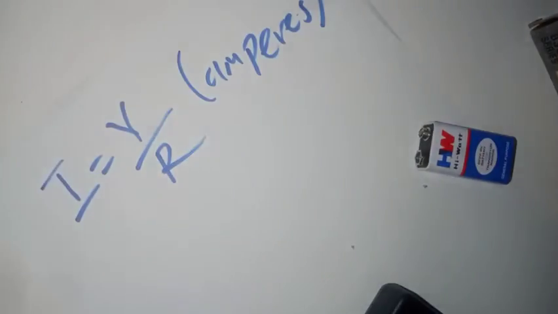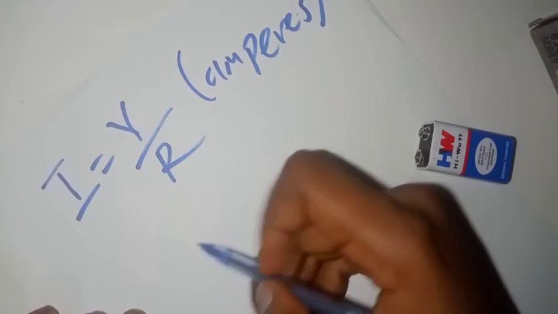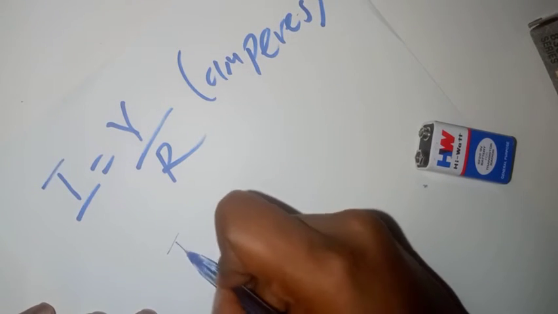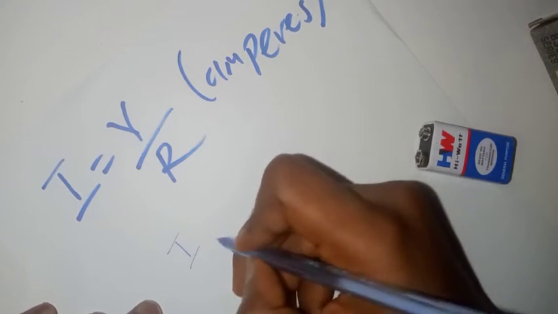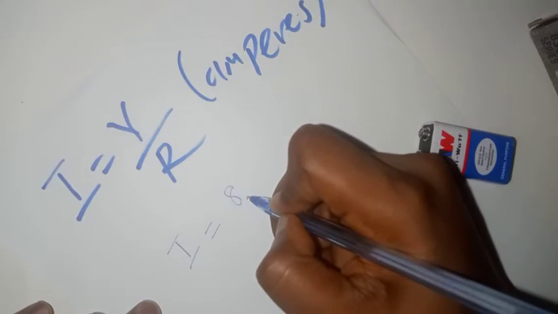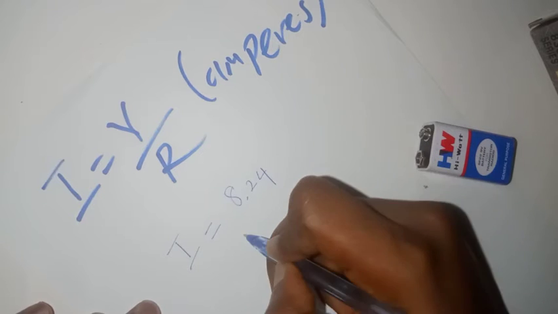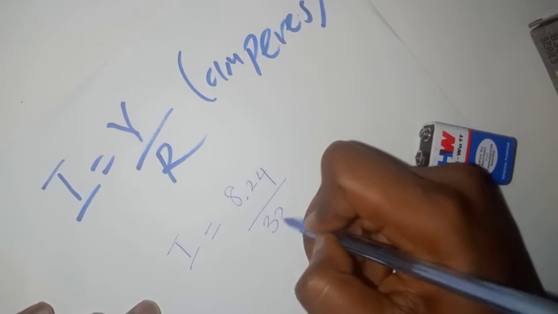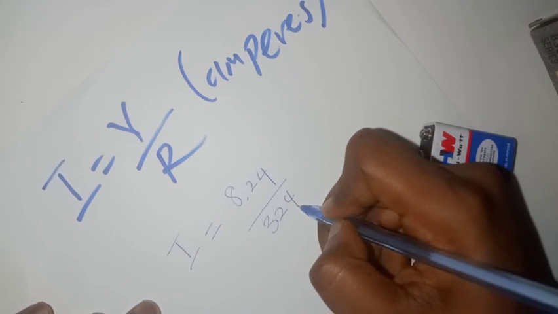By Ohm's law, we expect the current that is going to run through the resistor to be 8.24 divided by 324.